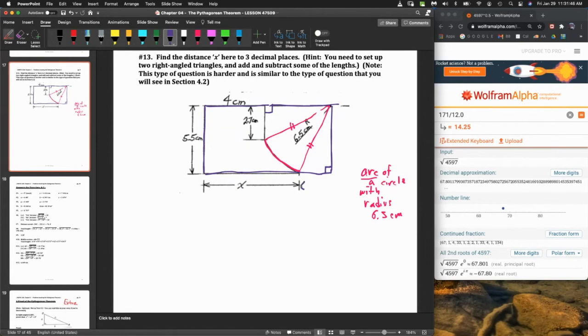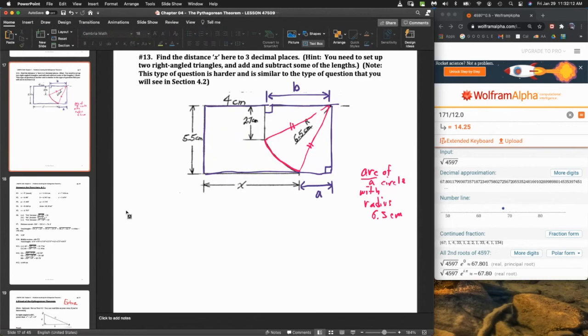I'm going to call this guy over here in the corner A, and I'm going to call this length here B. That is the worst looking marker, so let me straighten it up a bit. Okay, so there, my friends, is our diagram.